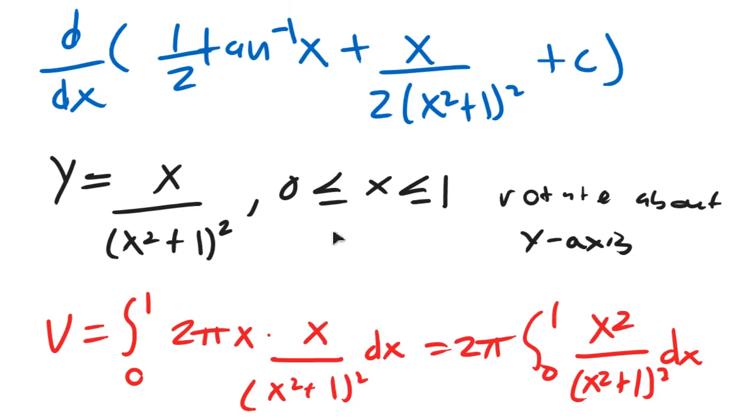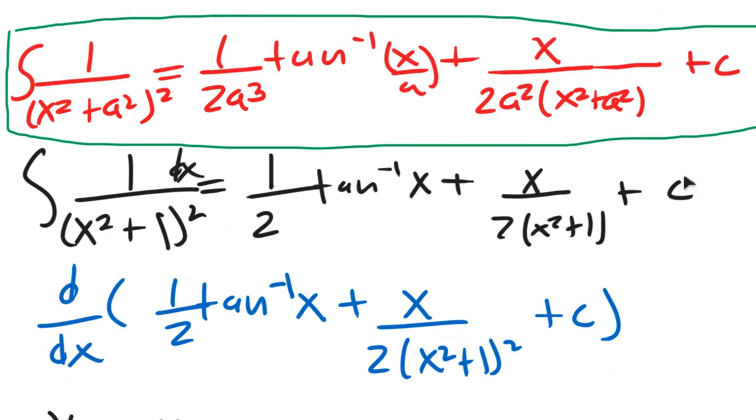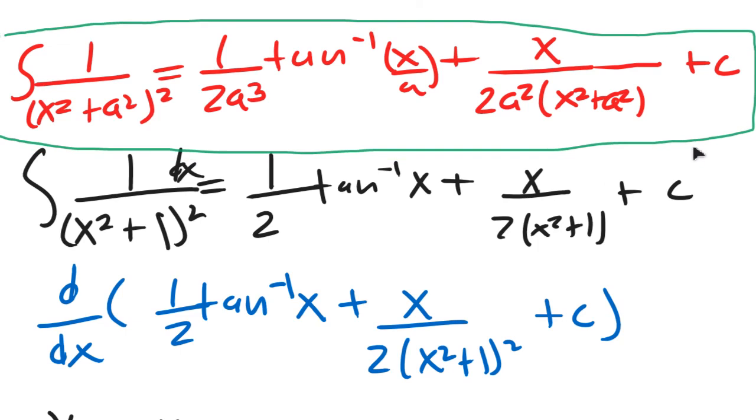So, if we go back over here, I think what needs to happen is that we have to reuse where we have the integral of a squared over x squared plus a squared squared.